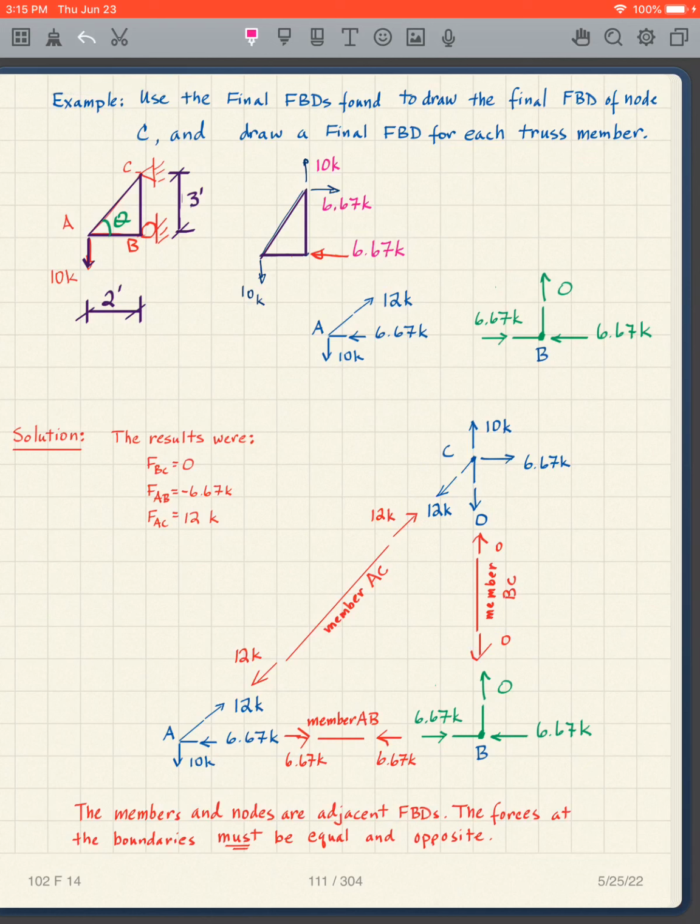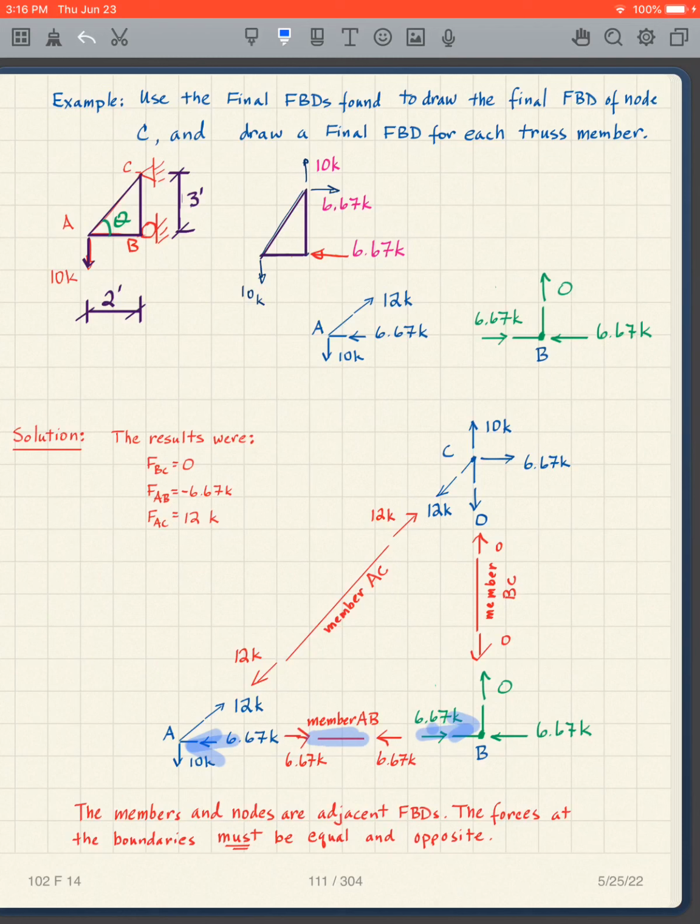So this picture shows the whole thing, and we can see that member AB is in compression. Why? Because it's pushing on the point here. But then let's take the free body diagram of the middle.